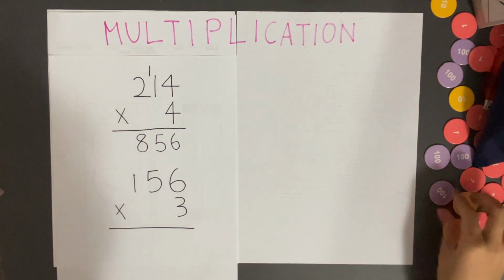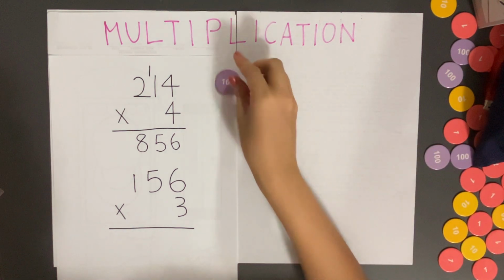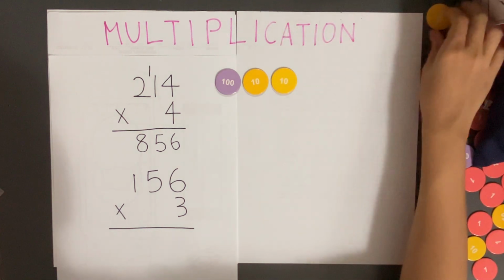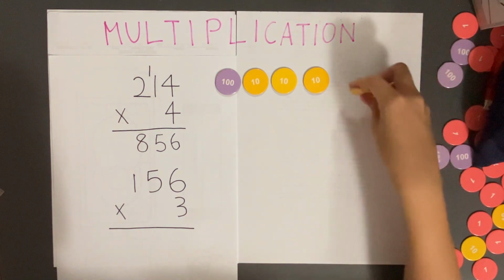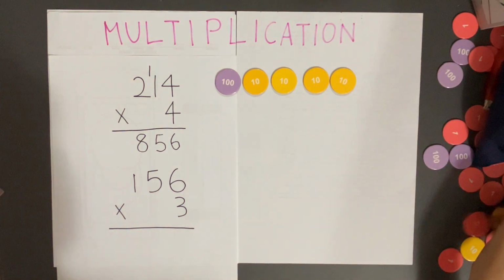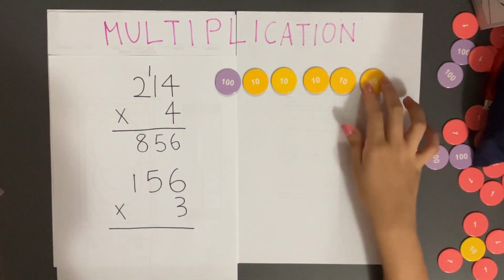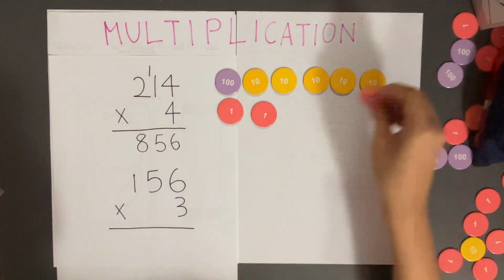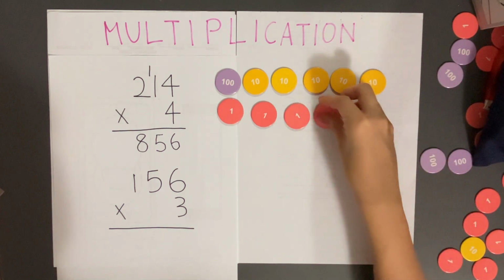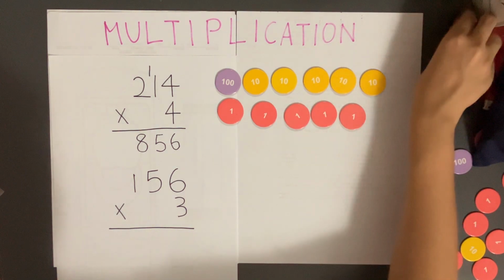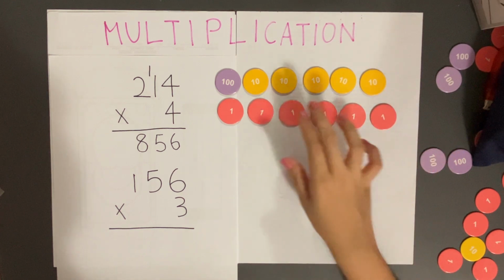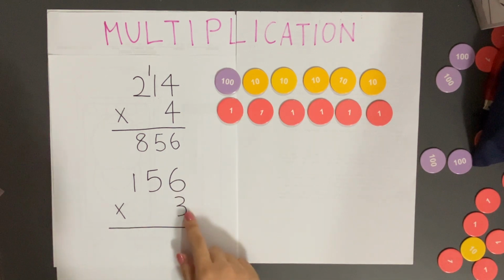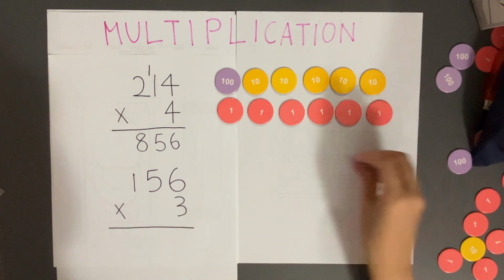Okay, so let's use my number list to help me. 156, I have 100. Five tens. And 6 ones. And how many groups of this do I need? I want to multiply by 3, which means I need 3 groups. Okay, so I repeat this 3 times.